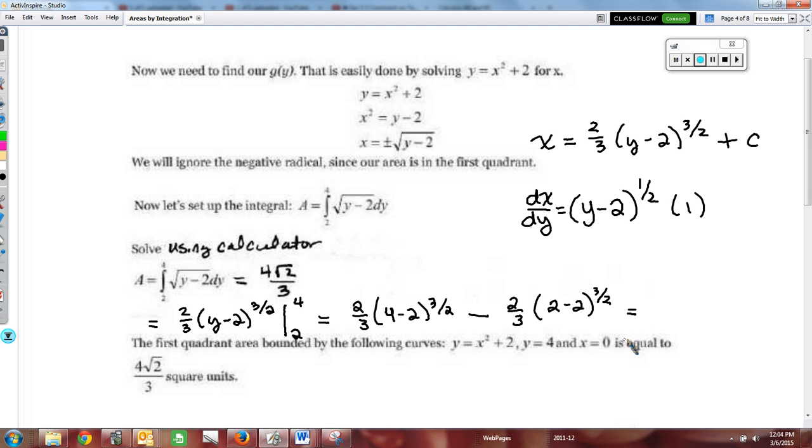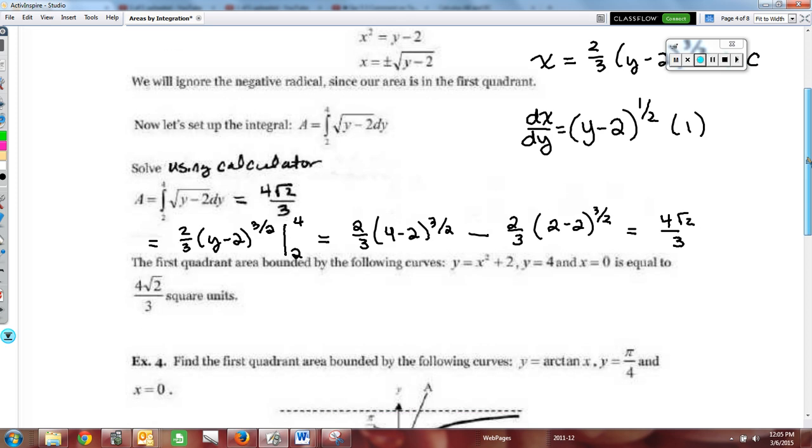And you can verify that this is going to give us 4 times the square root of 2 over 3. It's nothing but arithmetic. You have 2 cubed, which is 8, the square root of 8, which is 2 square roots of 2, which gives me 4 square roots of 2 over 3, right? So we're good with that one.